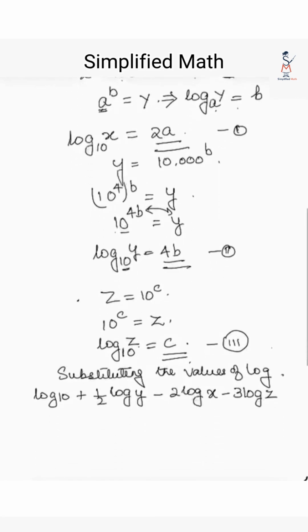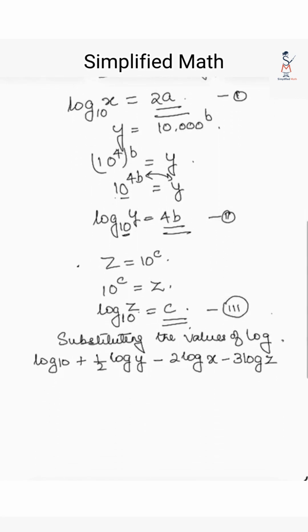Now we will put these values of log x and log y. So this was half log y. What is the value of log? If there is no base, that means the base is 10. That is understood by now.